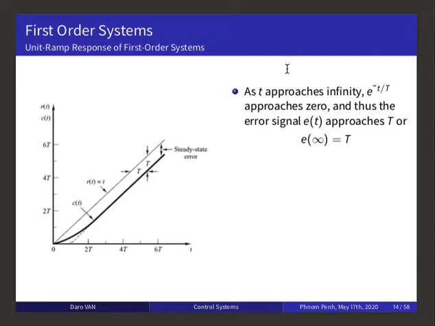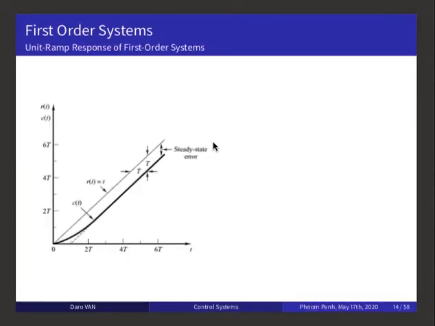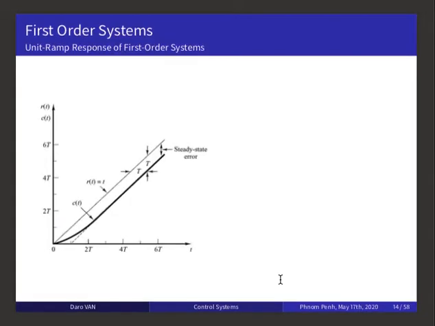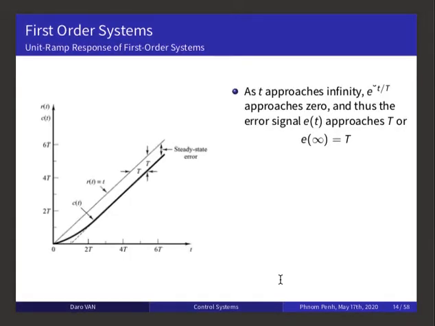As t approaches infinity, when t is large enough, the term e to the minus t over capital T will go to 0, and then only this term remains.